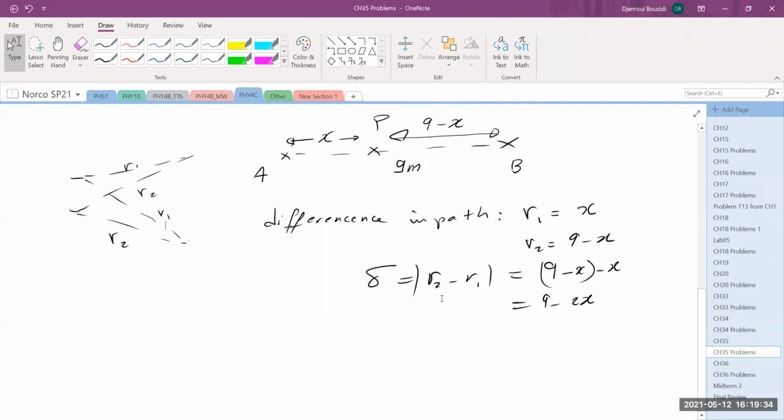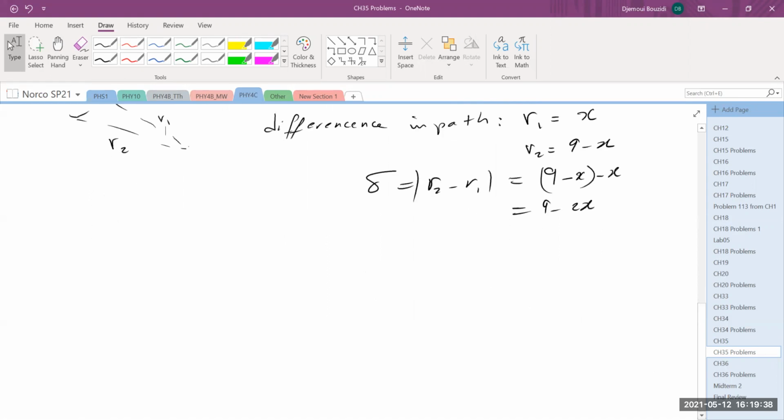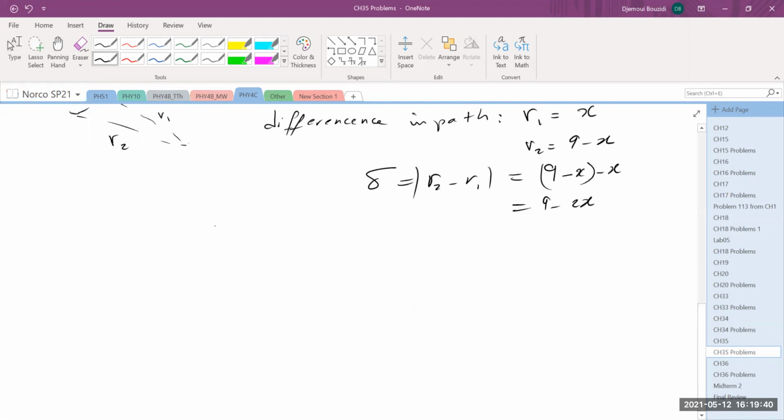Now, the phase difference, if you remember, when we did the math for it, was the wave number times delta divided by 2. That is the whole difference that we made the argument for from chapter 35. So this is the actual phase difference.